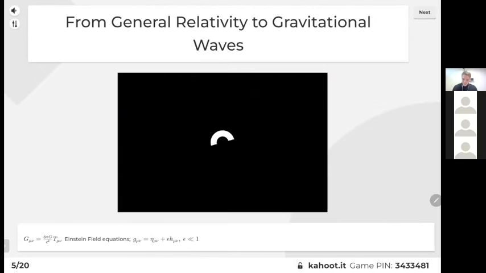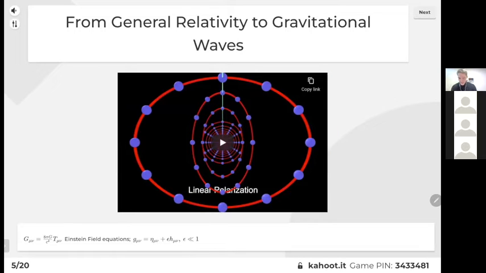And so the first bit that is usually important to think about is gravitational wave propagation. Before looking at what kind of things emit gravitational waves, what is important to understand is what do gravitational waves actually do to matter.